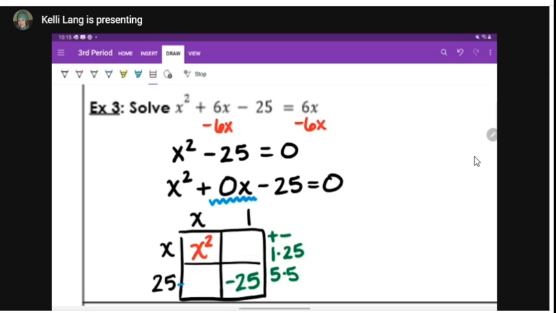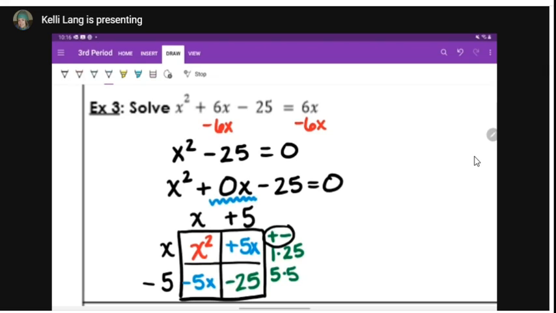What if we used the 5s instead? Let's see what happens there. I had a 5 and a 5. Remember, one has to be a plus and the other has to be a minus. If we play this out instead, we end up with a plus 5x and a minus 5x. Aha!